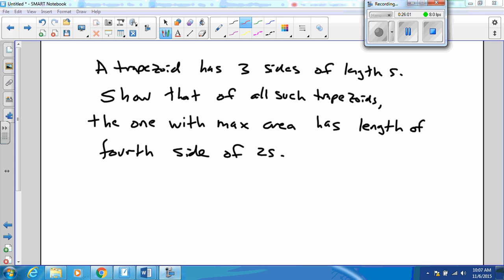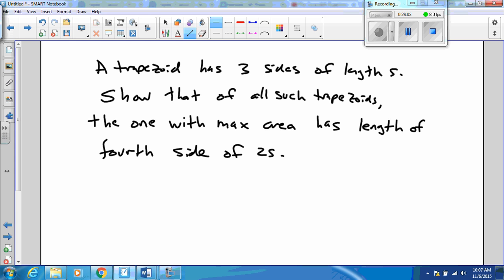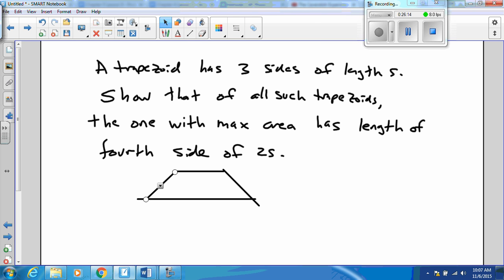Oh, was that s? I put 5. So we want to quickly set up the trapezoid. And this group over here has done fairly well with that. What do you have for your trapezoid?